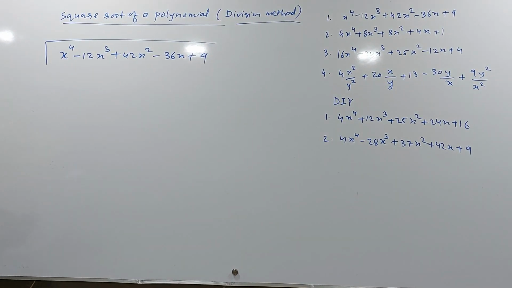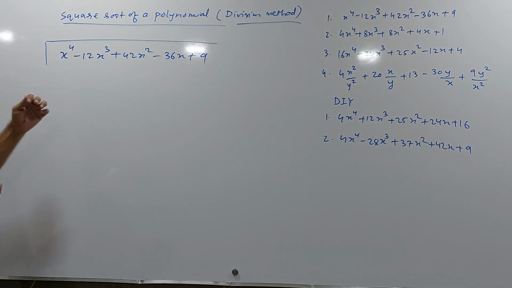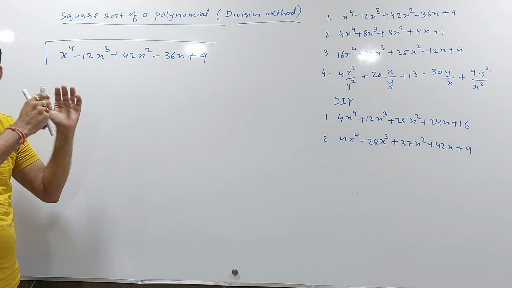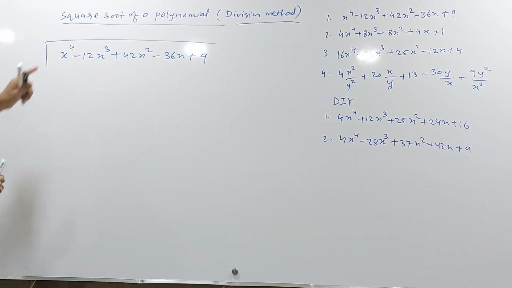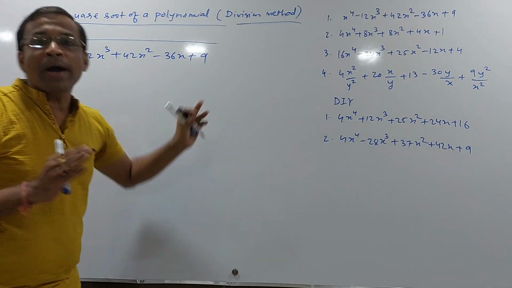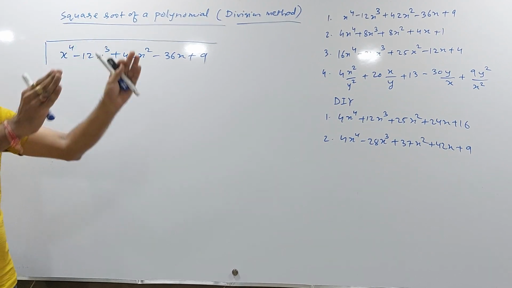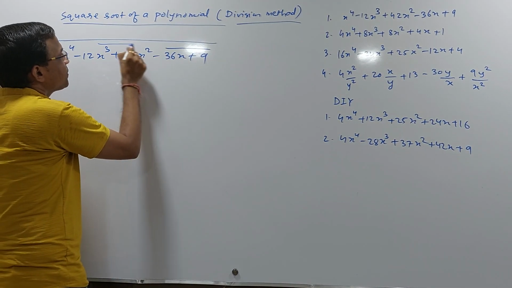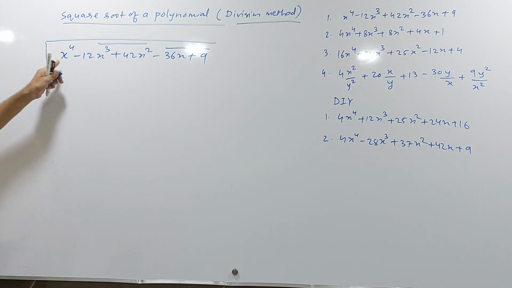Now we will start. In order to start, we will follow the steps which we have done for a number, that 1296 example which I took. Here we have 1, 2, 3, 4, 5 terms in total. The way we made a pair of 2 over there, like this, I'll start with x power 4.